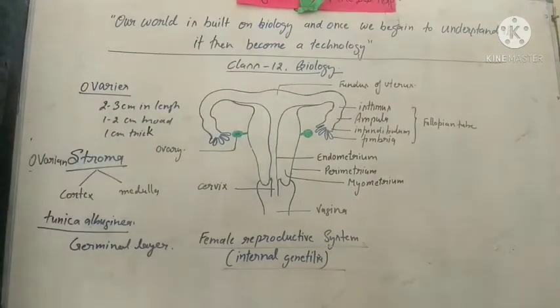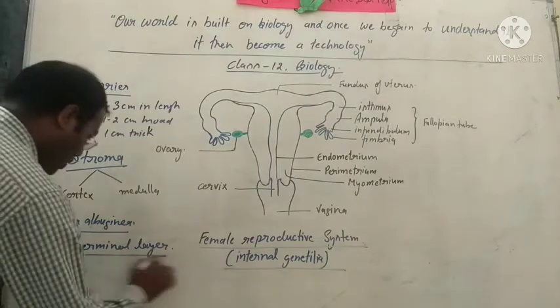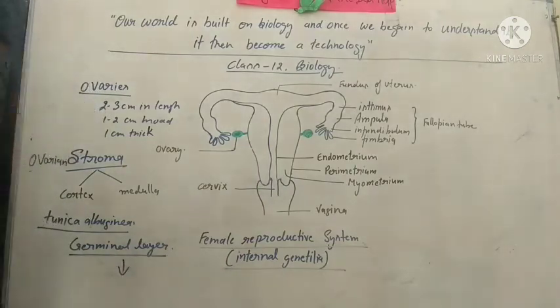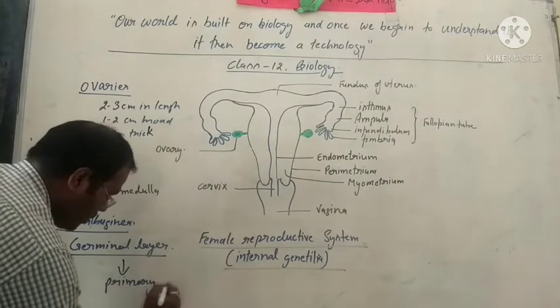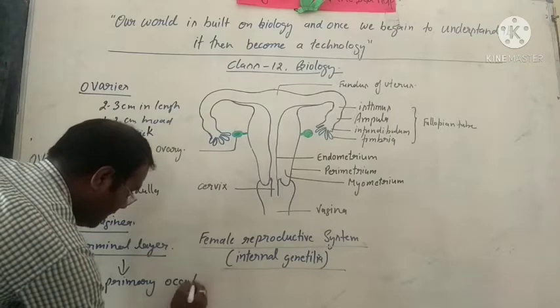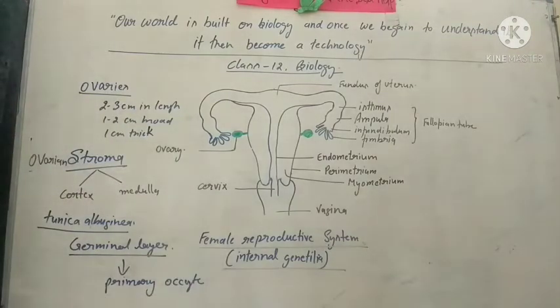The germinal layer produces many primary oocytes.